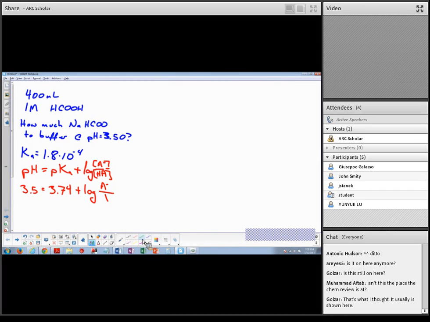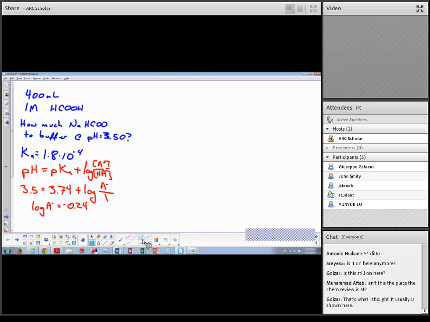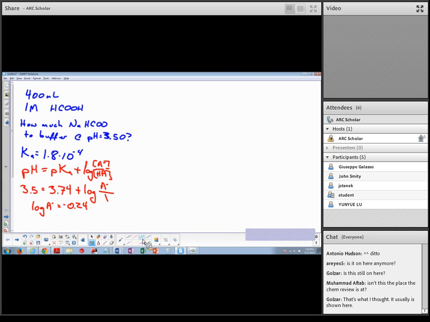So if I do a little bit of rearranging here, the log of A minus then is equal to negative 0.24. How am I going to get rid of the log? I take 10 to the power of both sides, right?